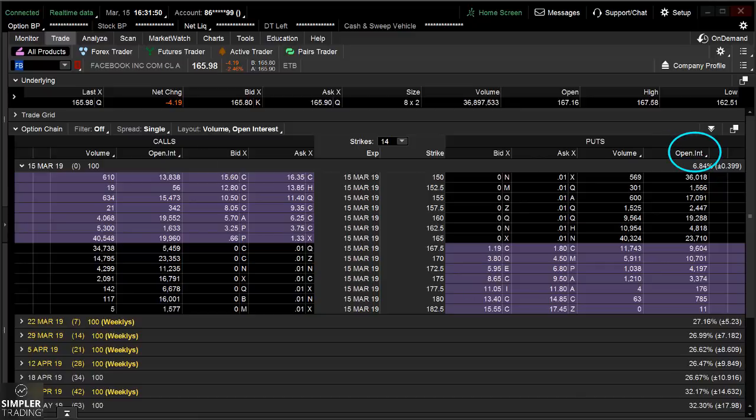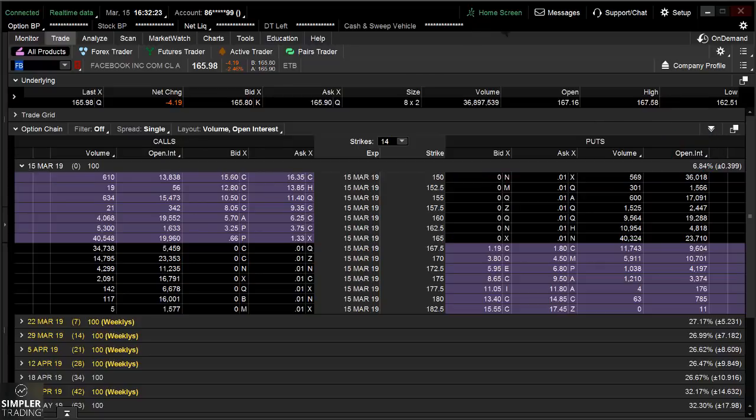You want to find the high open interest, and then you want to see the corresponding strikes that have the highest open interest. So you might take a look at all the different high open interest levels. There's the puts on Facebook. You can even take a look at the calls. Where are the highest open interest levels? And then you'll just make a mental note of that.